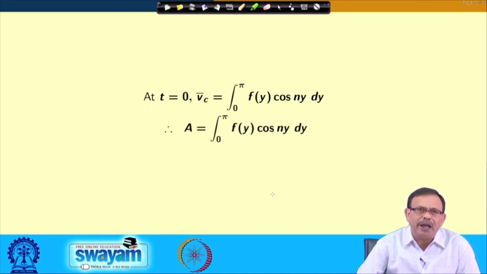I will obtain A equals the integral from 0 to pi of f(y) cos ny dy. So v c bar will be e to the power minus k n squared t times the integral from 0 to pi of f(y) cos ny dy.